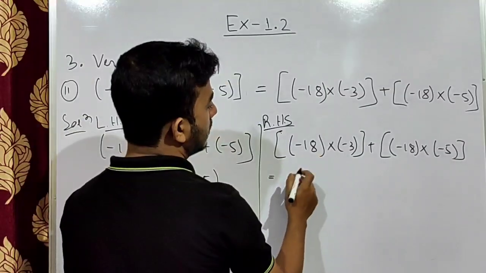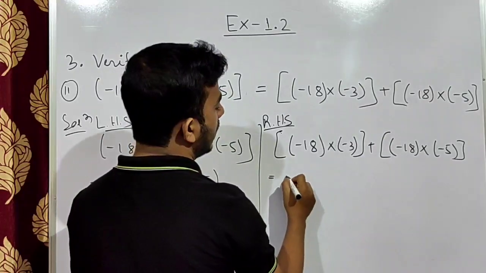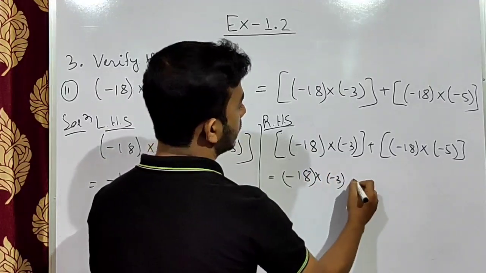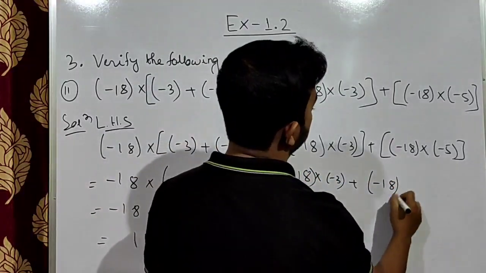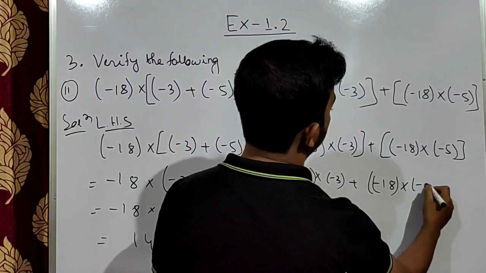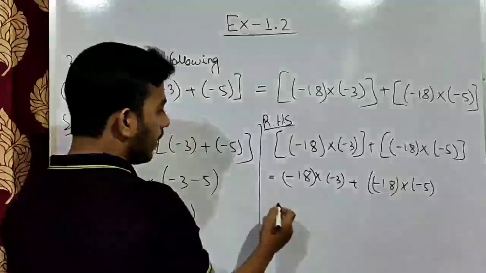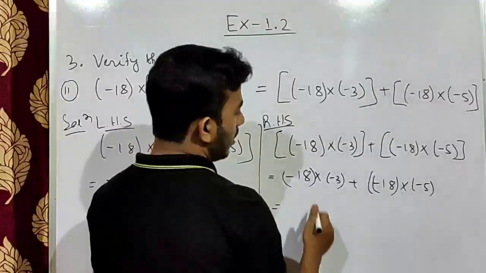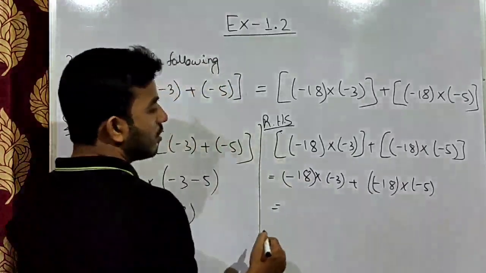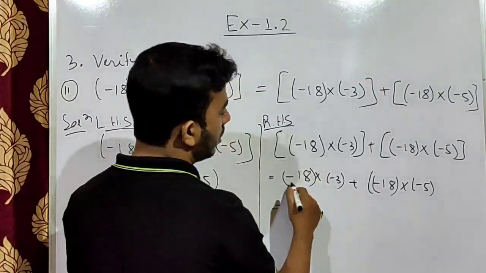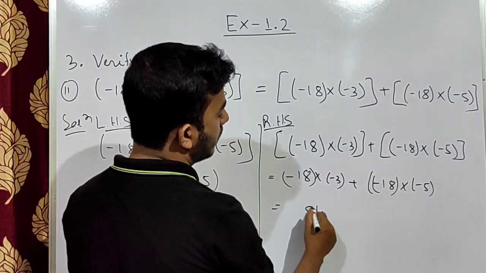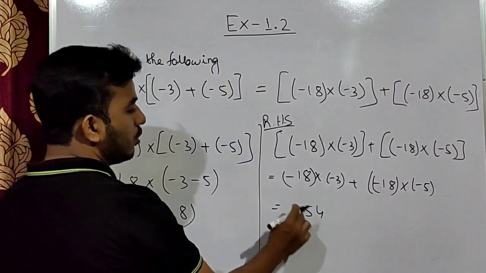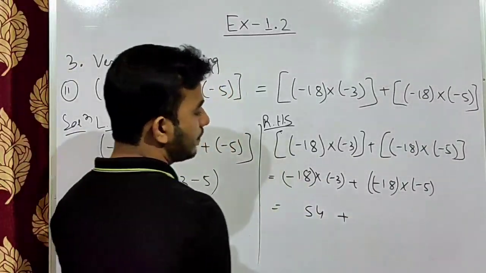So look, if we remove the bracket, it will be like this: minus 18 into minus 3 and plus minus 18 into minus 5. So now 18 into 3 is how much? 8 into 3 is 24, 3 into 1 is 3, plus 2 is 5, so 54. Both are negative, so it will be positive. Then plus.